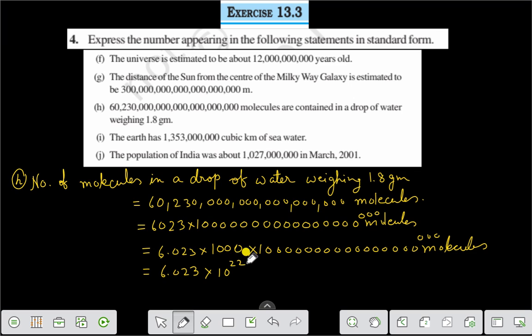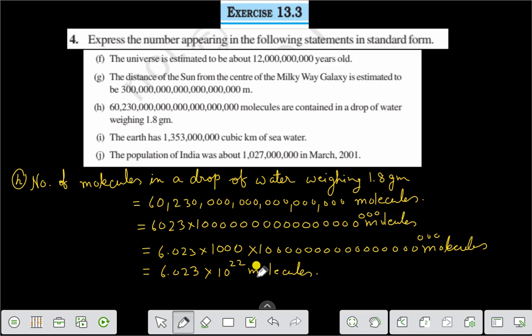And that is 22 molecules. Right? That is 6.023 into 10 to the power 22 molecules.